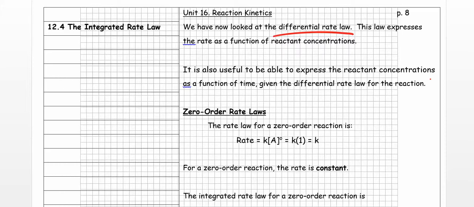So we use that to determine the exponents, and we were able to write a differential rate law that looks something like this. Rate, remember, was equal to some value that we call K, a rate constant, times the concentration of the reactants. I'm going to say the reactants in this case are A and B, to some exponents, I'll call them little m and little n.